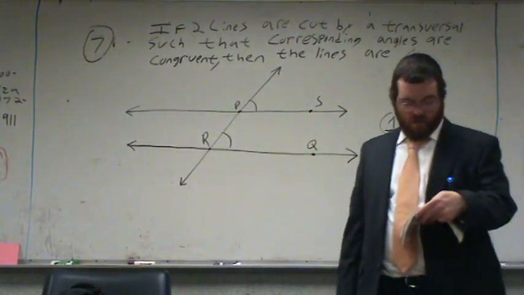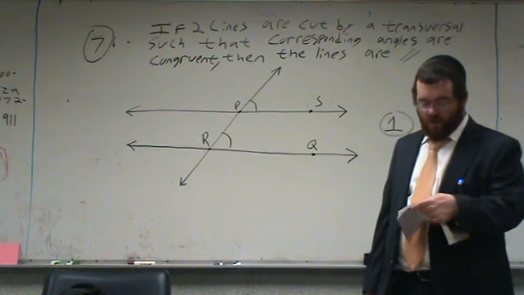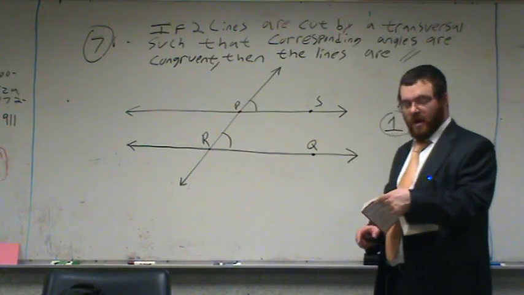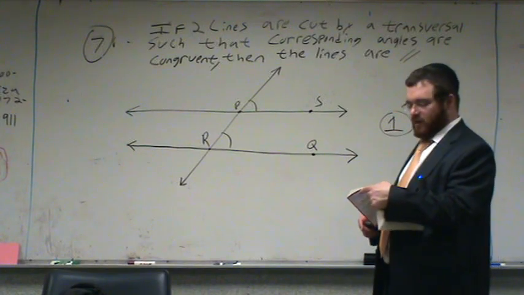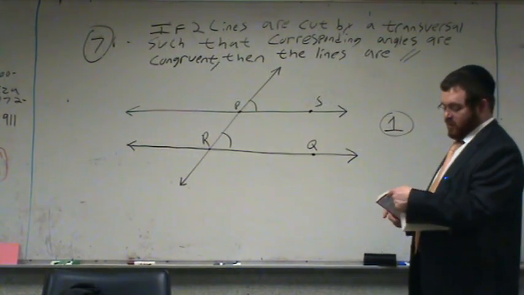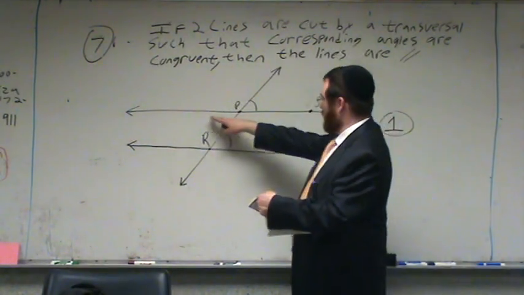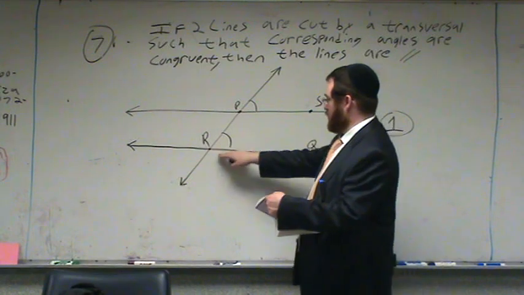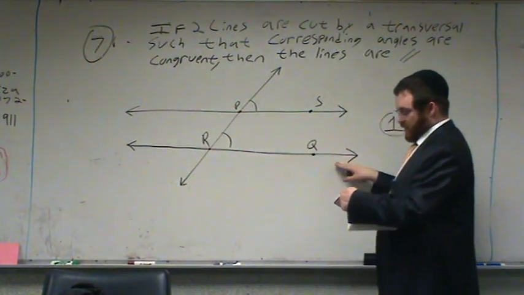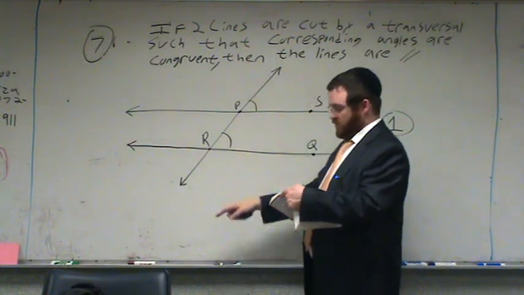Question 7. The diagram below illustrates the construction of line PS, parallel to line RQ through point P. So here's line PS, here's line RQ, and it says that they're parallel through this transversal.